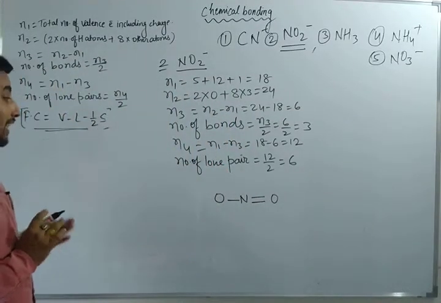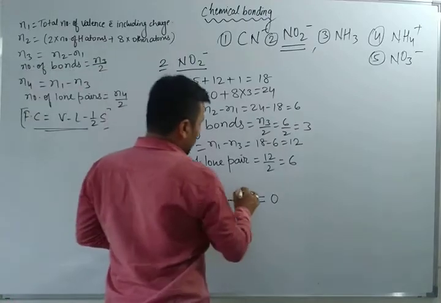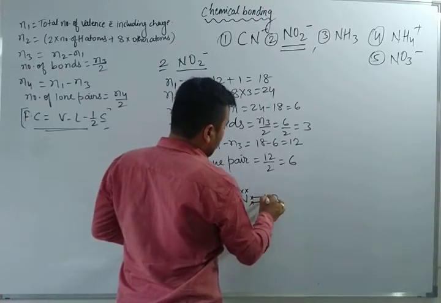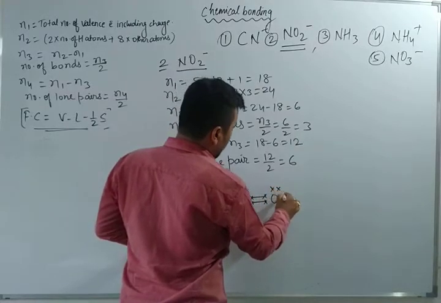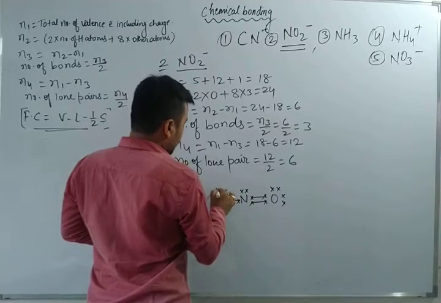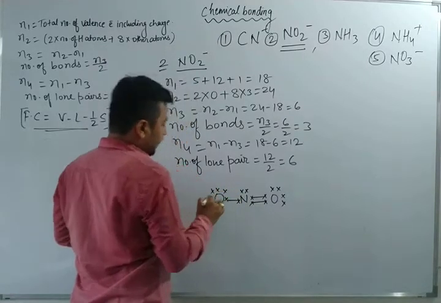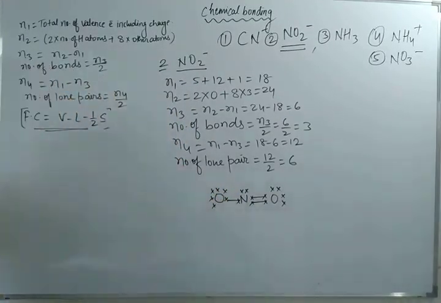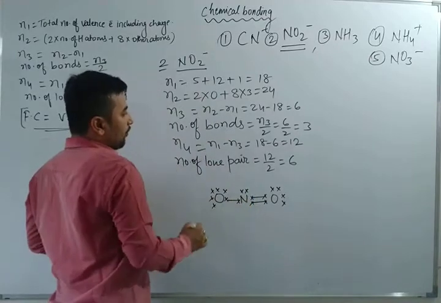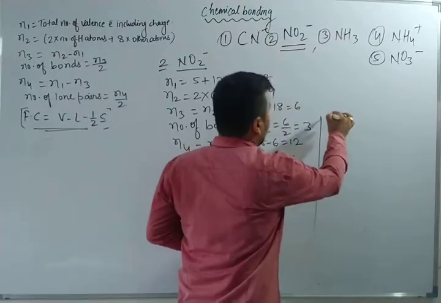Now you have to calculate the charges. So you know very well, nitrogen has a total of 5 valence electrons, 1, 2, 3, 4, 5. Oxygen, how many? 1, 2, 3, 4, 5, 6. Now you have to calculate where to put the minus charge. First, calculate the formal charge of nitrogen.